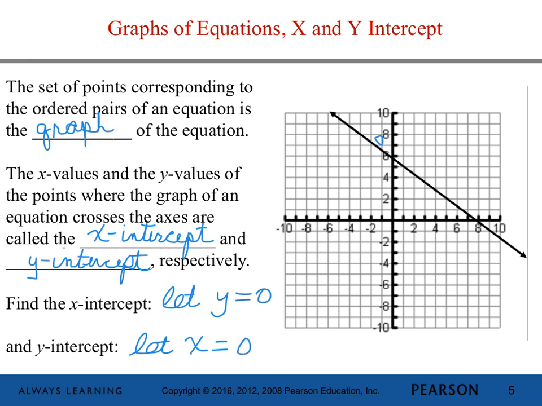So in the case of this graph, where x is equal to 0, we have the y-intercept, and the y-intercept in this case is (0, 6). Remember that the y-intercept has the non-zero y value, and the point (8, 0) is the x-intercept because the x value is the non-zero component.